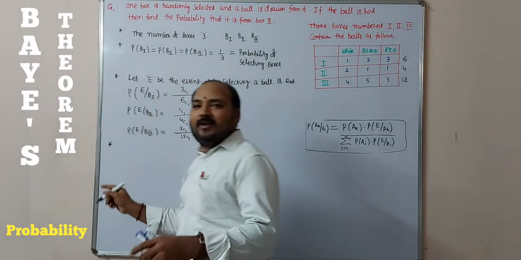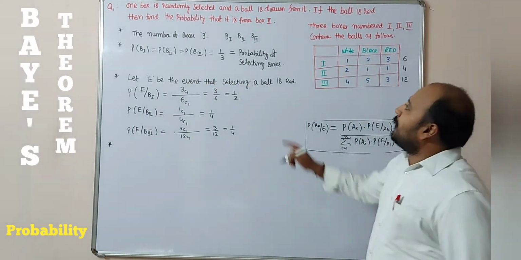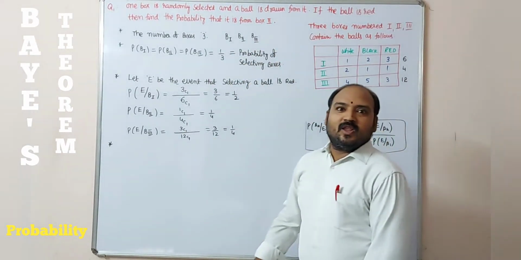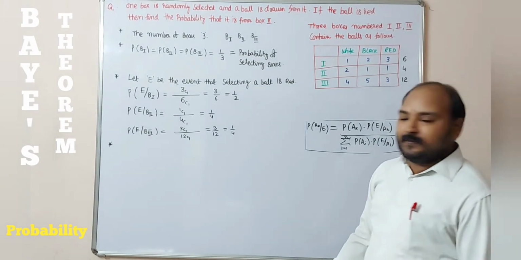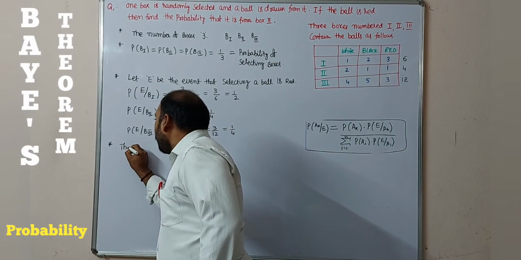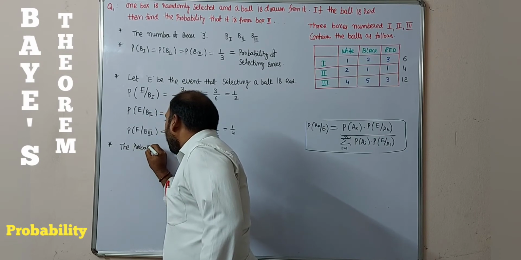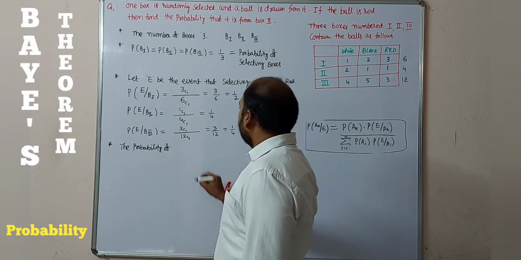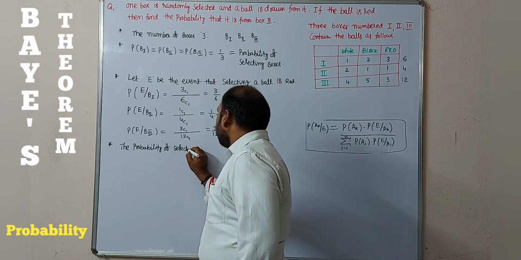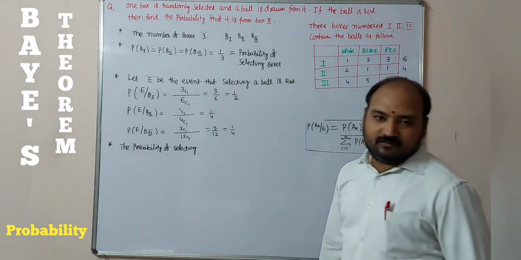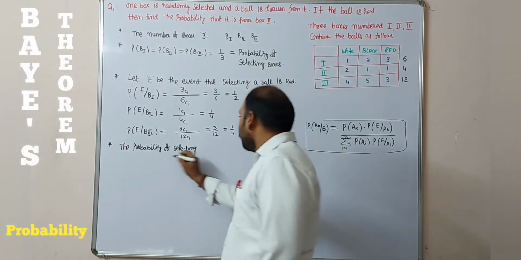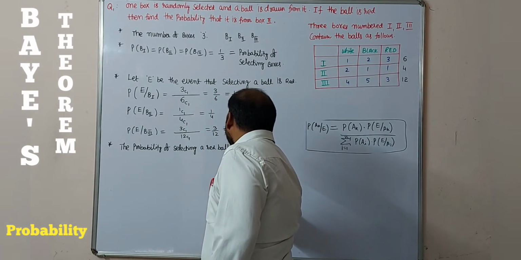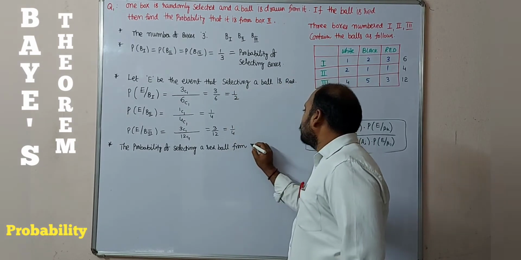This is the turning step and the required step. The probability of selecting a red ball which is drawn from box 2. We know from where we are selecting. The probability of selecting a red ball from box 2.